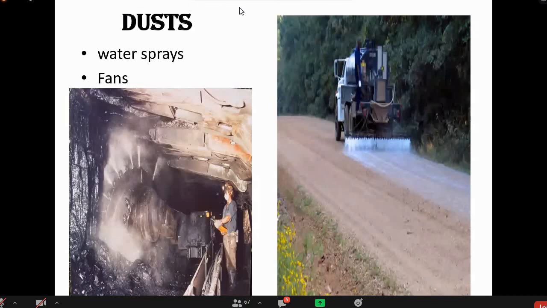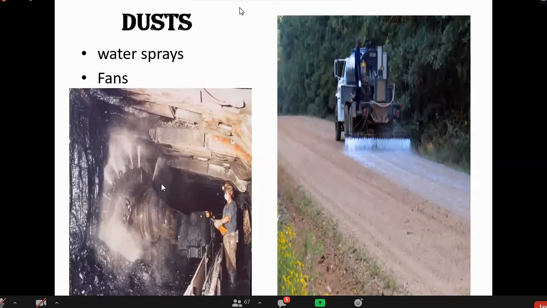For dust, we need to have the proper spraying of water. For example, this is a coal mine, and if he is cutting or going into the different ores, and we have water sprayed with this, it is going to settle the minute particles, and it is not going to be inhaled by this person here, right?